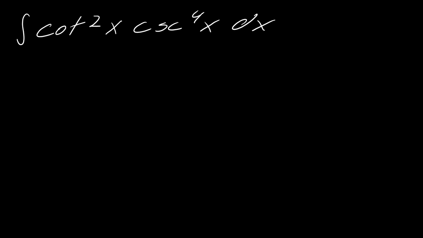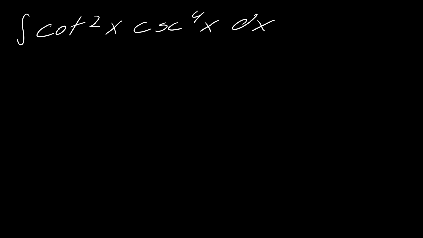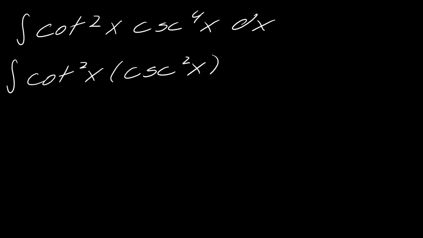Okay, so again, I have not worked out anything in advance here. So the one thing that I'm thinking of that I want to leverage is, once again, since I know that the derivative of cotangent is negative cosecant squared, my spider sense is telling me that I probably want to leave a cosecant squared here. So I am going to break this up into cotangent squared x, cosecant squared x and cosecant squared x dx.